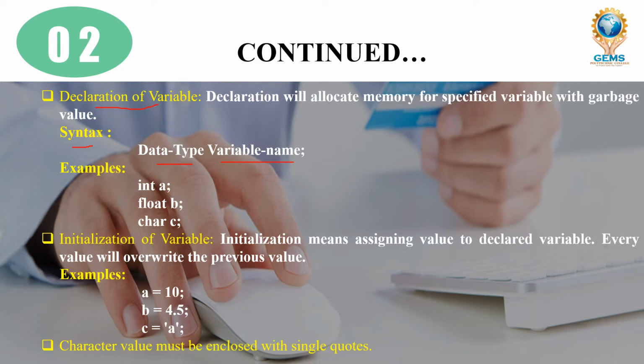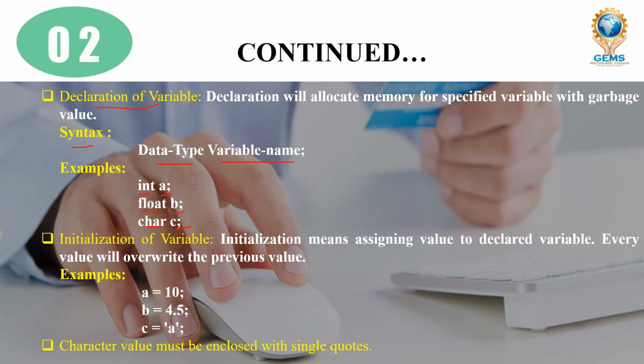For example, int a: a is the variable name and int is the data type. Similarly, float b: b is the variable name, float is the data type. And char c: c is the variable name, char is the data type. This way we declare the variable.